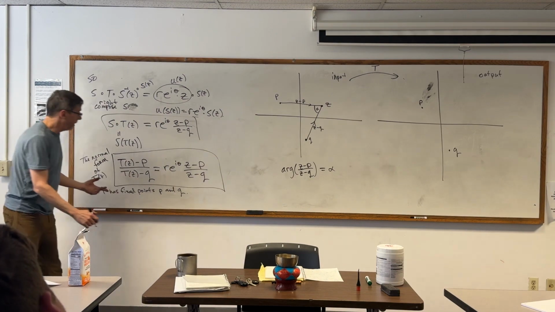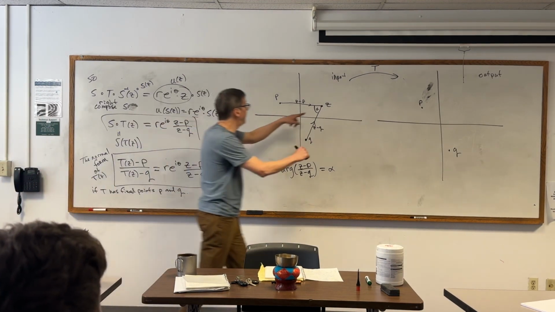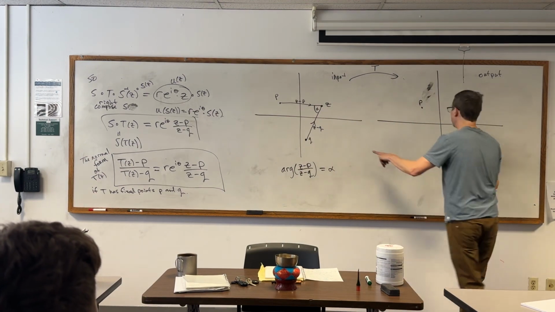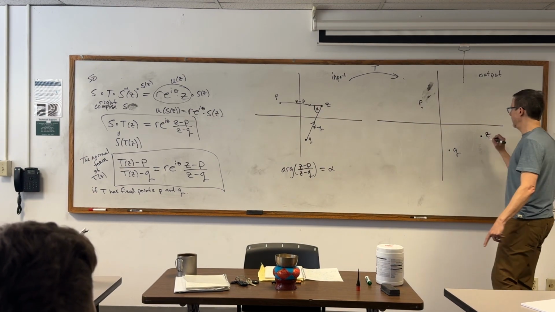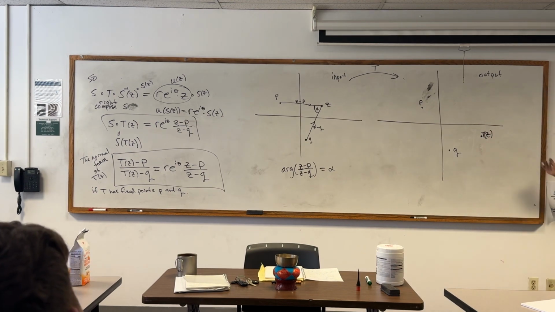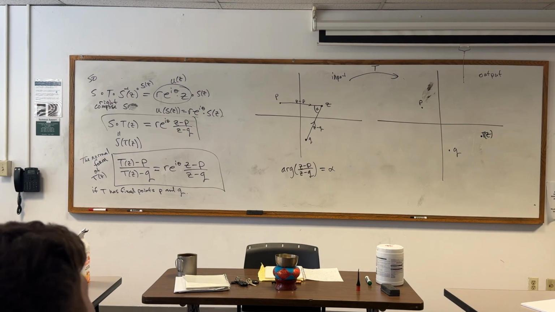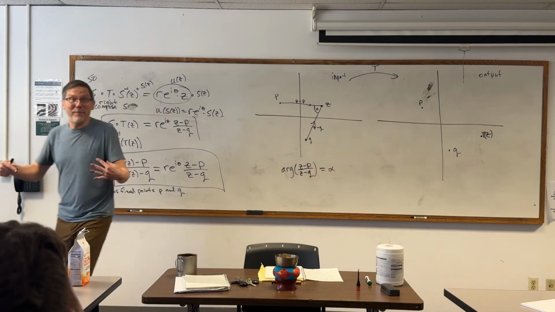Now look at what the right side is, the left side is. This Z gets moved somewhere. So it's T of Z. T of Z is somewhere else probably, but it's definitely somewhere else because the only things that don't get moved are P and Q. So it definitely got moved.